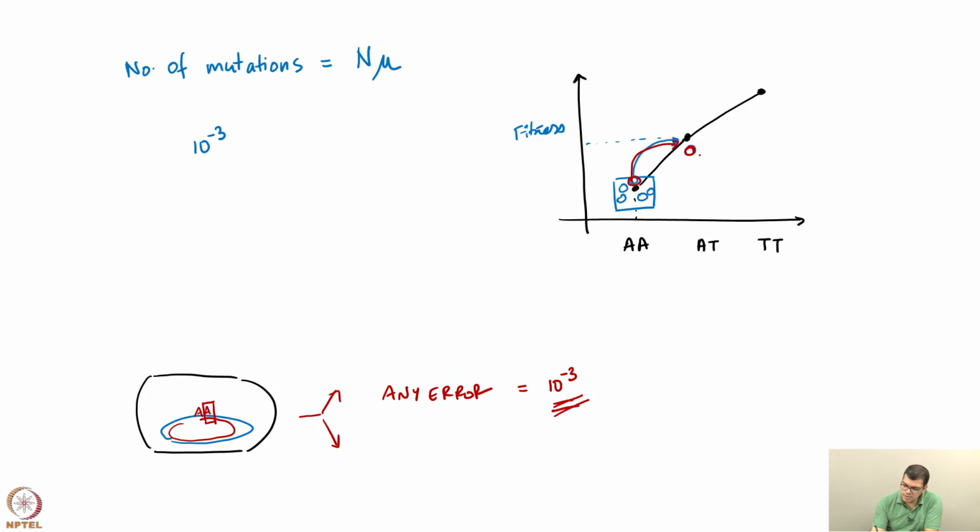So, this in one sense is a very fortuitous event to happen to the population, that one of the progenies comes from AA genotype to AT, albeit that they are only separated by Hamming distance equal to 1.